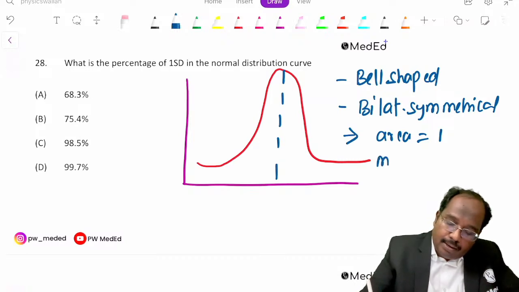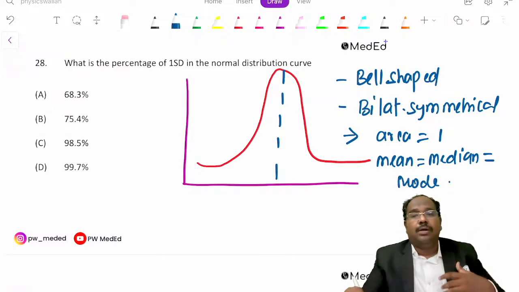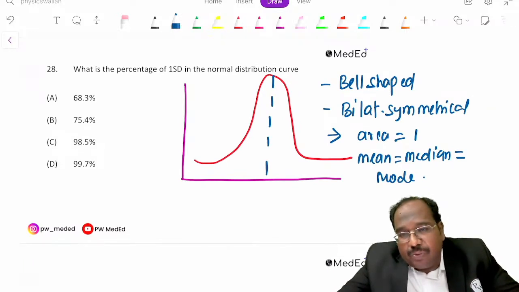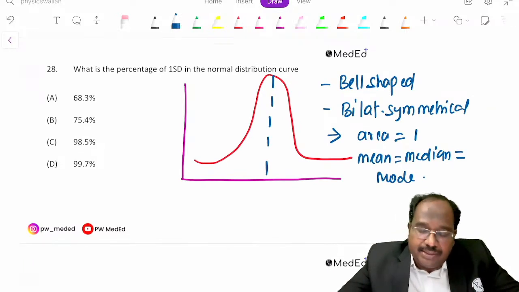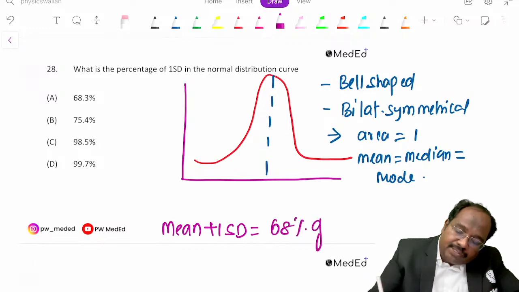Mean, median, mode, all should be the same. It's a bell-shaped bilateral symmetrical curve. The area of the curve is 1. Mean, median, mode, all should be the same. And mean plus or minus 1 standard deviation corresponds to 68% of the area.